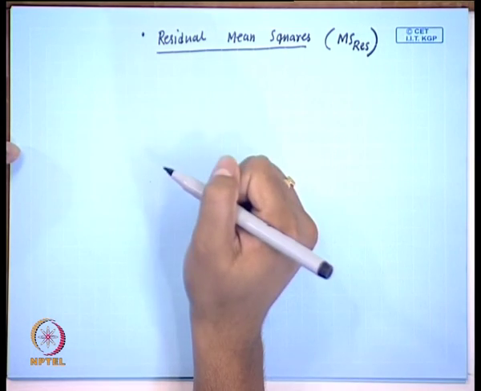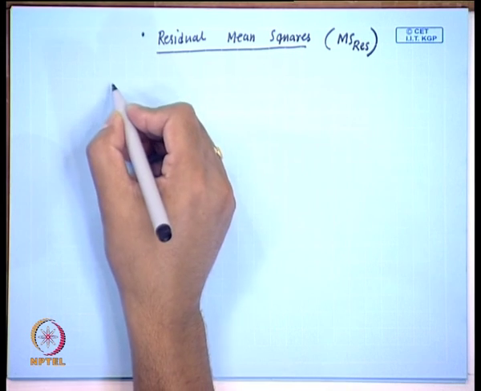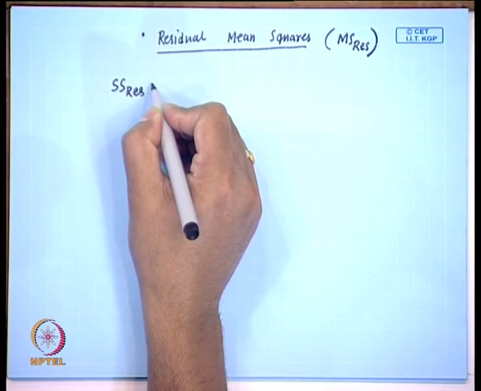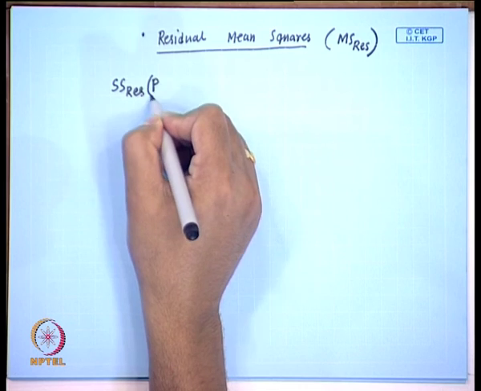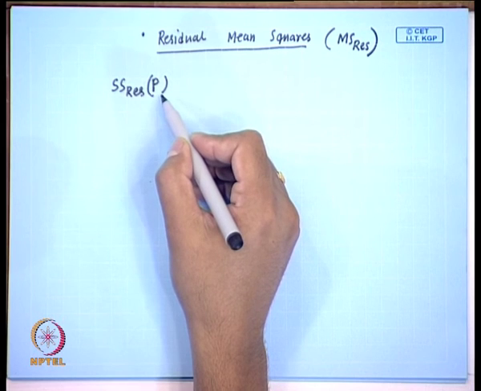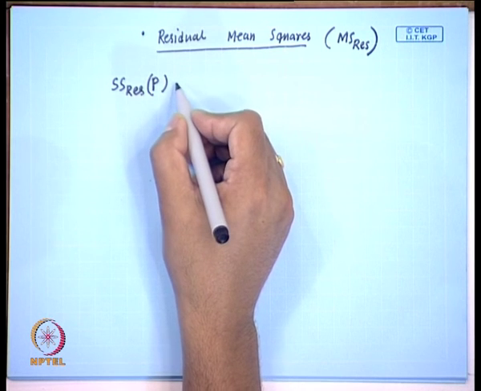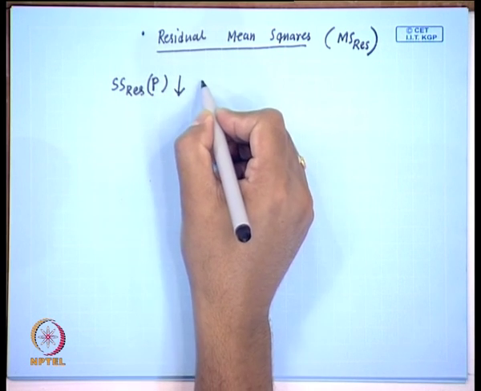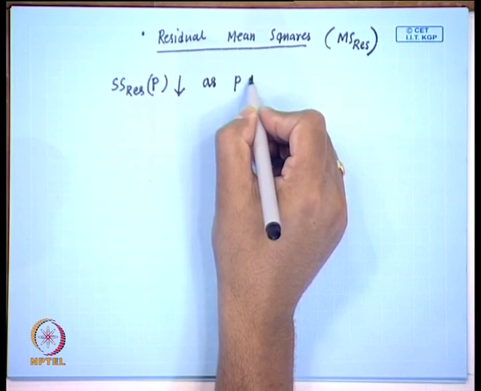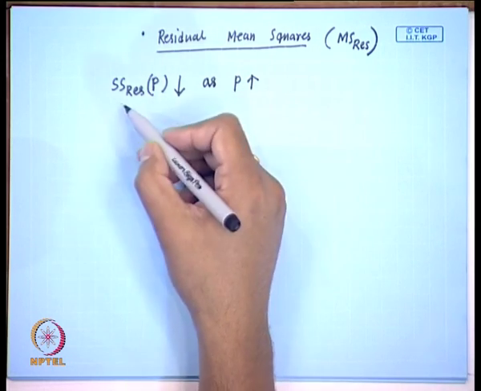What we observed in the last class is that SS residual p, by this we mean the residual sum of squares for a model involving p minus 1 regressors, decreases as the number of regressors increases, but the same is not necessarily true for MS residual.